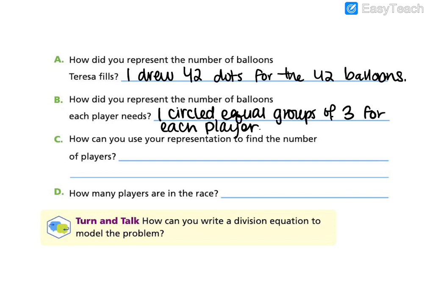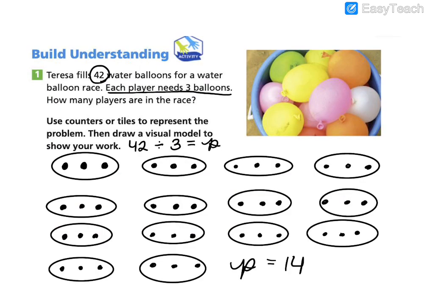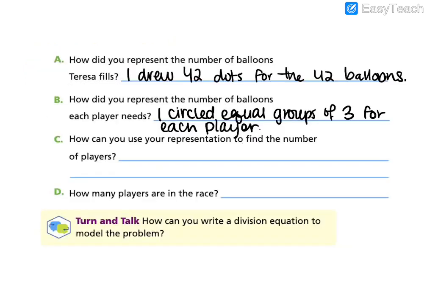And letter C asks us, how can you use your representation to find the number of players? So how do we know, right? We already answered that on the previous section, that there were 14 players. How did we know that? We know that there were 14 equal groups of 3.